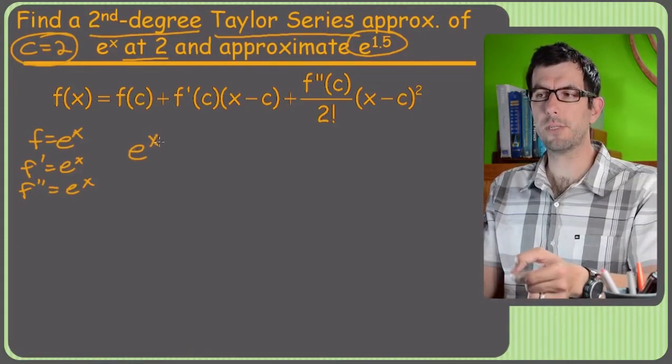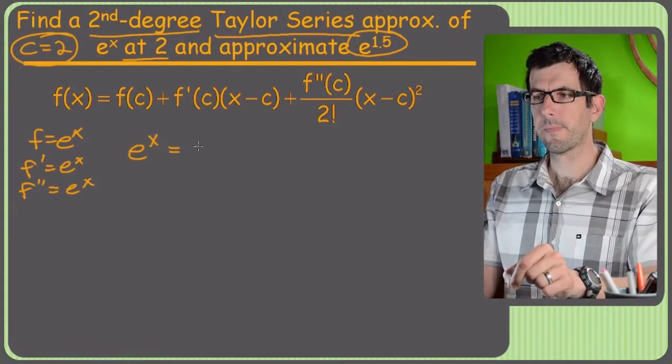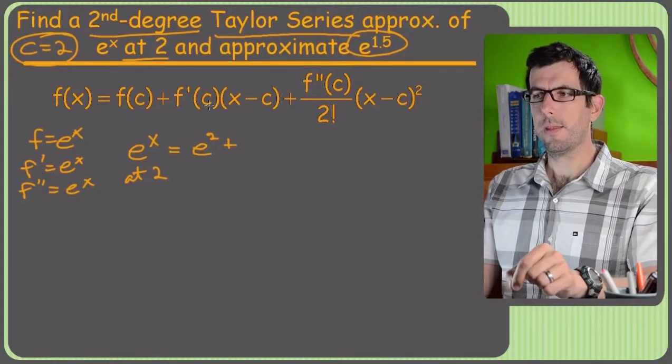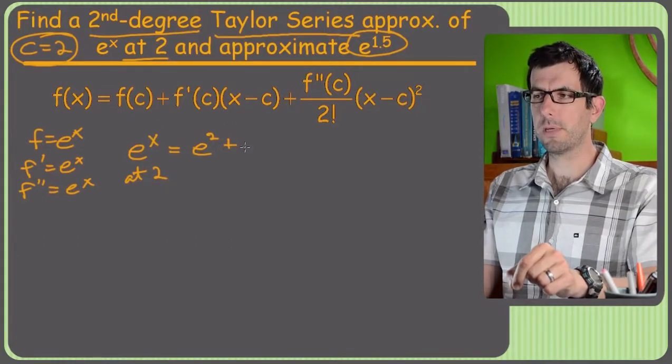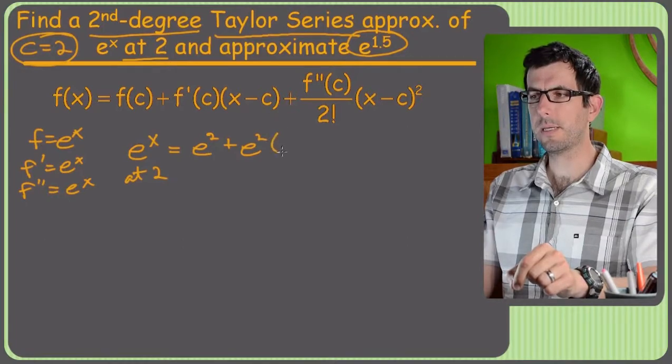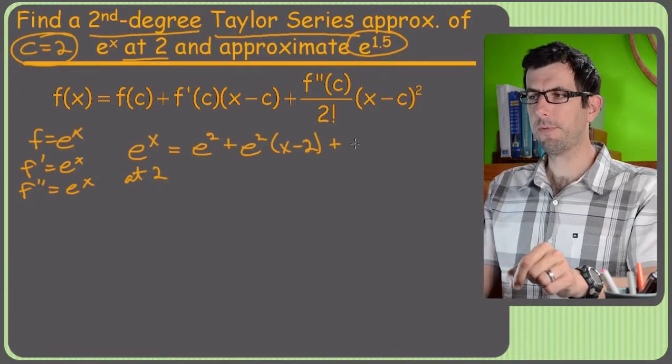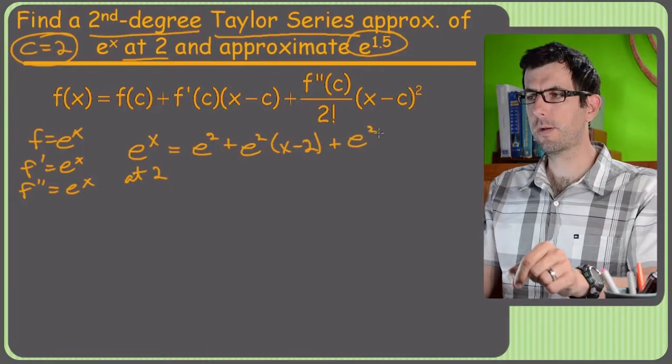So basically our approximation of e to the x at 2 is going to be f of 2. So if we plug in 2, we get e squared. And then f prime, which is going to be e squared as well, times x minus c, and c is 2, plus f double prime of 2, which is once again e squared, over 2 factorial, which is 2, times x minus 2 squared.